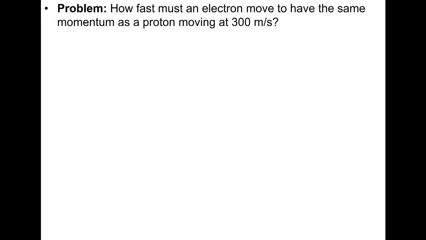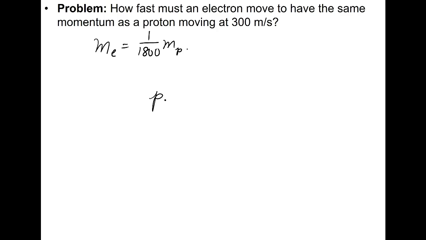Okay, so how fast must an electron move to have the same momentum as a proton moving at 300 meters per second? Let's not get too much into the details here, but let's make note of the fact that the mass of the electron is about 1,800 times less than the mass of the proton.